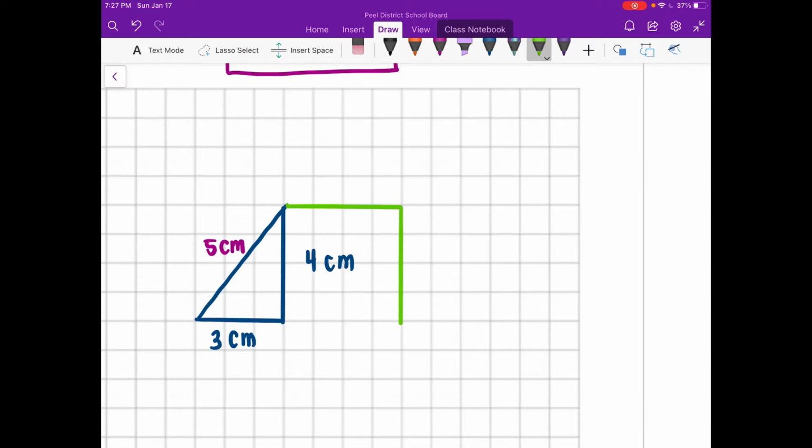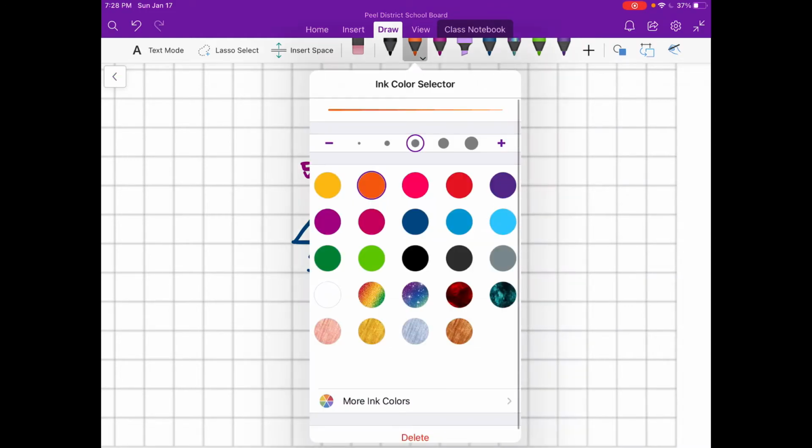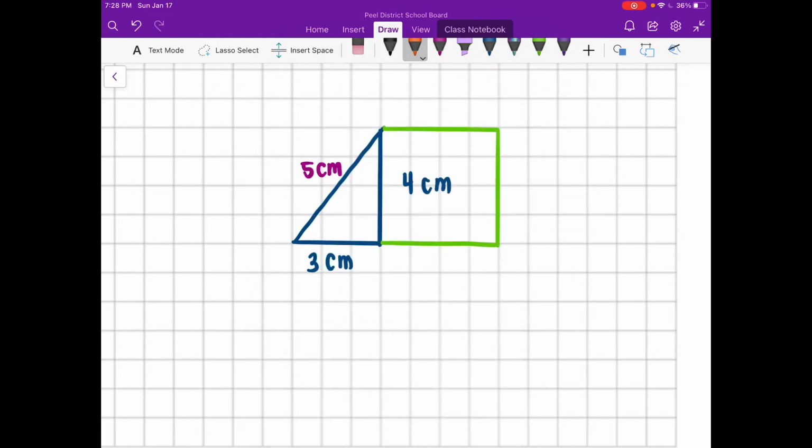So I'm going to make this line as green, or on this side I'm going to make it as green, and then I'm going to make my square for the 3 centimeter line, right? I'm just measuring 3 centimeters down, 3 centimeters down, 3 centimeters across, right? And then that's it. So I'm going to do that.